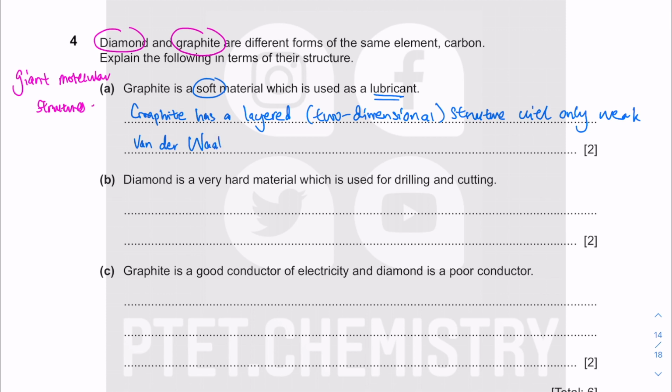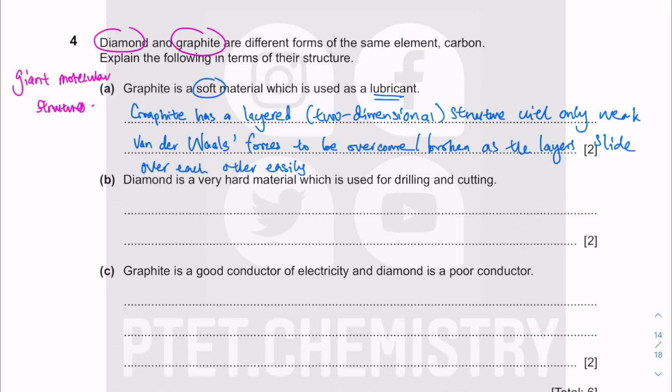Van der Waals, make sure you can spell it properly. Van der Waals forces to be overcome or broken as the layers slide over each other easily, therefore soft and a lubricant.